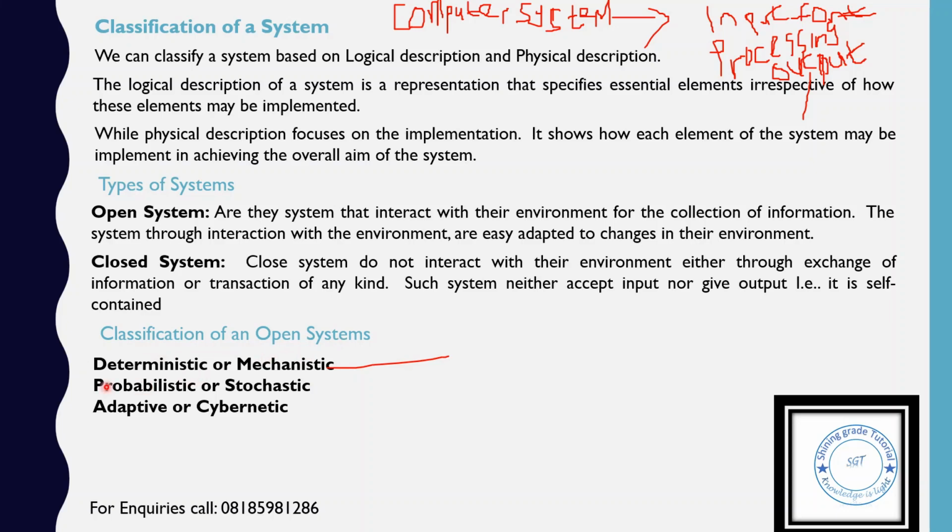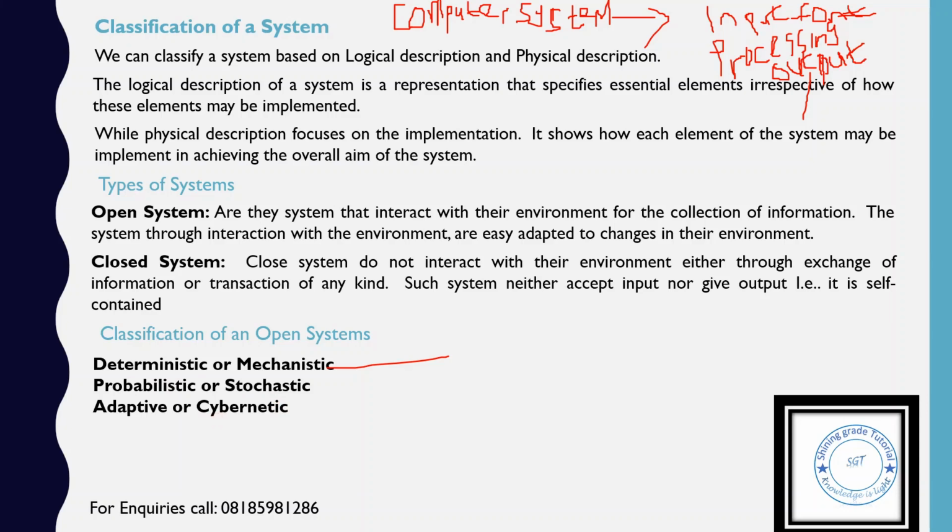Now let's look at probabilistic or stochastic. This type of open system deals with probability. By the time the environment influences them, the environment impacts on them, we cannot in any way determine the actual result. We don't know what it's going to result in.